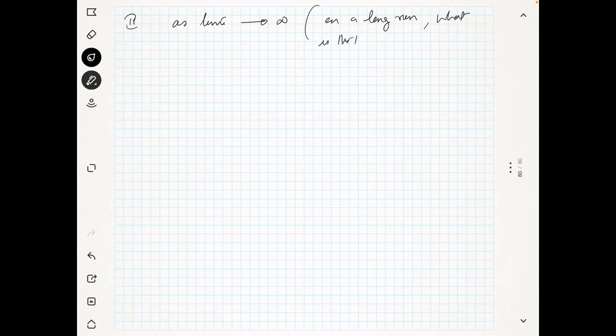So, as time tends to infinity, that means on a long run, what is the probability that he drives? That means he uses the car. He drives to work.